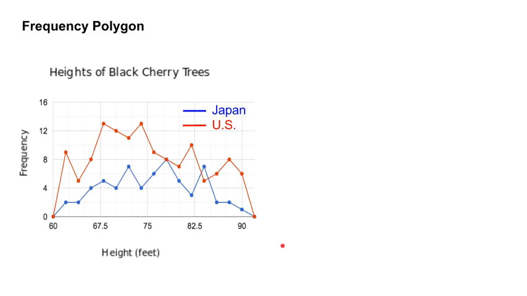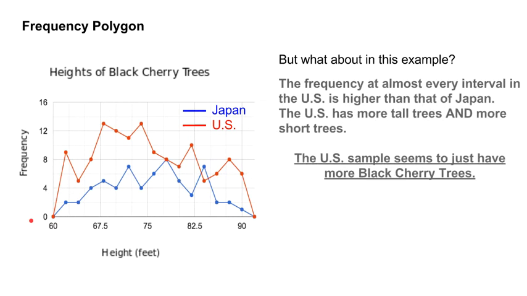What about this example here? We have another frequency polygon. We're still comparing heights of black cherry trees in Japan and US. We still have the height on the x-axis, frequency on the y-axis. It is a frequency polygon. So this is interesting though. If you look, almost every interval has higher frequency for US than Japan.